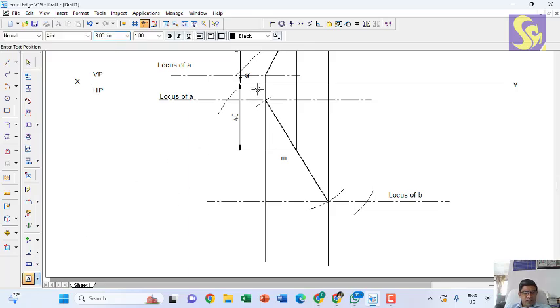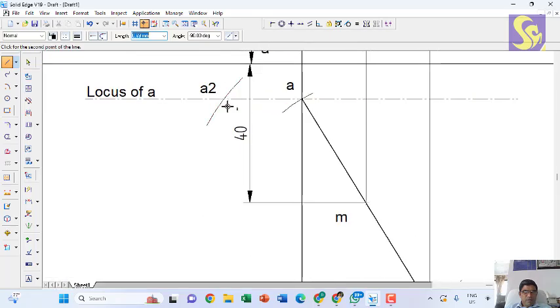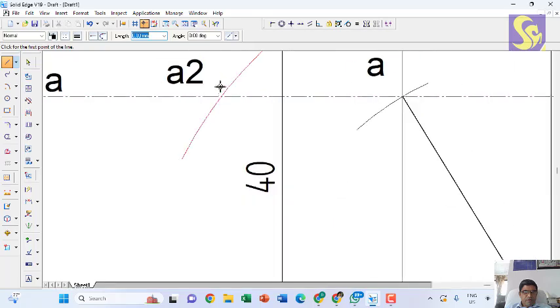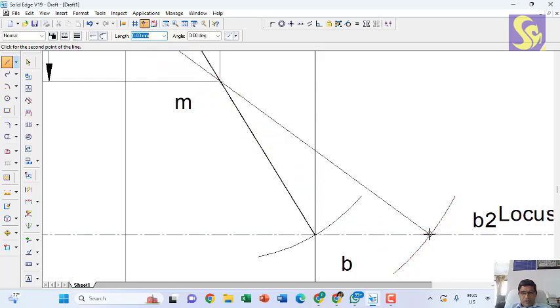The top view points are A and B. The true length points are A2 and B2. I will join A2 and B2, of length 100 mm.